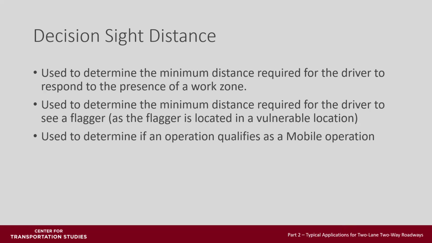In the field manual, the decision sight distance is used to determine the minimum distance required for a driver to see a flagger, as a flagger is located in a vulnerable location, or work areas and layouts with minimal signing. It is also used to determine if an operation qualifies as mobile. The required decision sight distances are included in the charts.